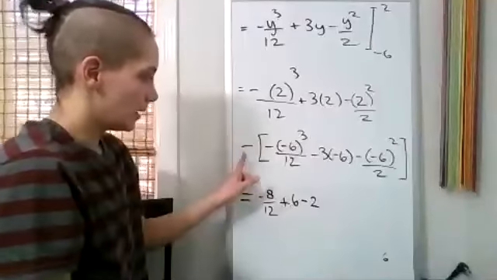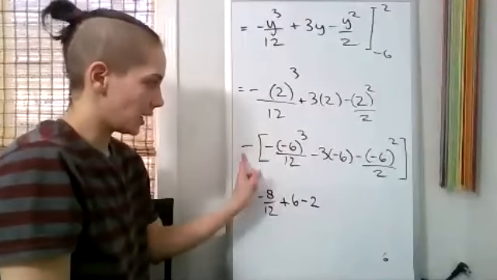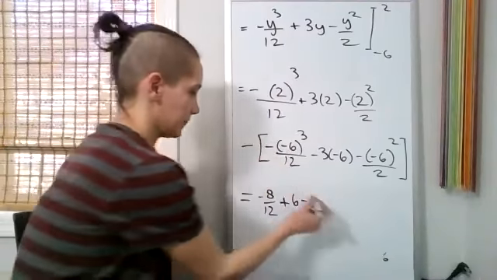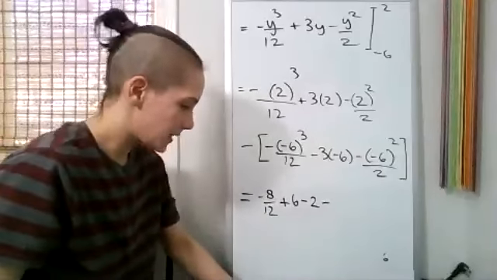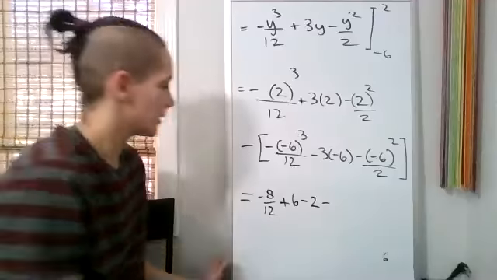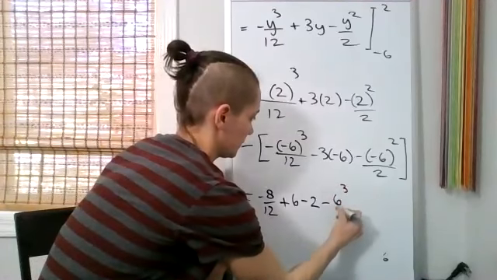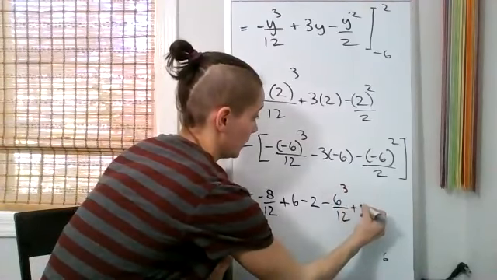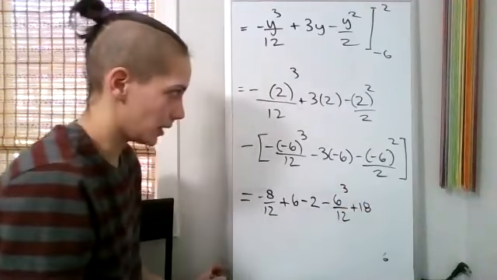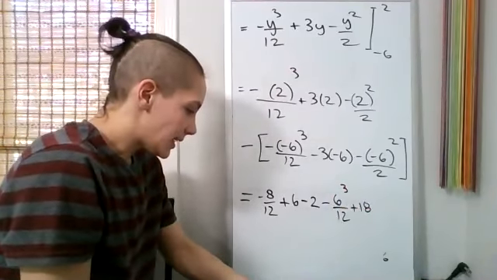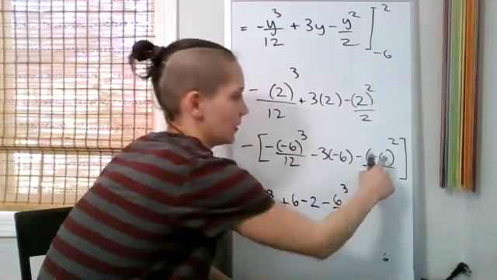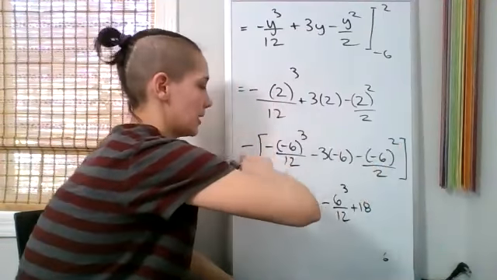Okay. Subtract. What's that? 6 cubed over 12. 18 says plus, or no. Another 18 at the end. That would be negative, but then it becomes positive.